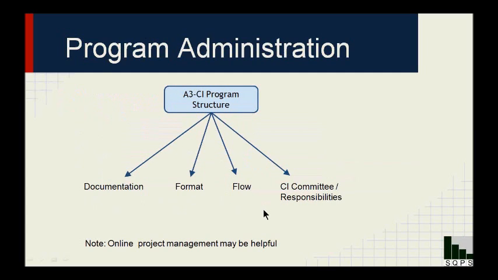So as far as the structure itself, we're talking about the documentation, maybe the procedure, the format of that template. Is it online or is it maybe using an Excel workbook? The flow of the program or the flow of the process, and establishing the continuous improvement committee with their responsibilities, and you will have to have the sponsors as part of this.